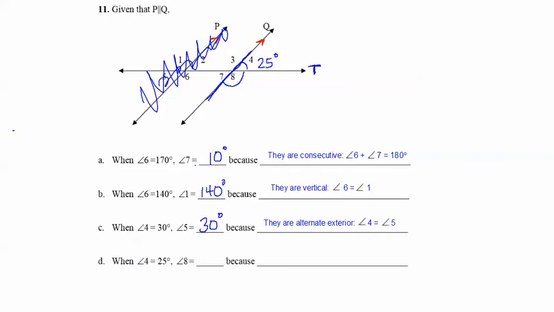I can see now that they are a linear pair. And for a linear pair, they should add up to 180. So if I do 180 minus 25, I should figure out what I'm trying to find here. So I get 155 degrees, and that's what angle 8 would be.